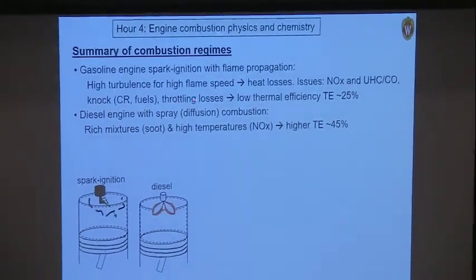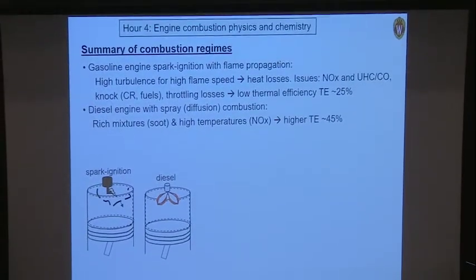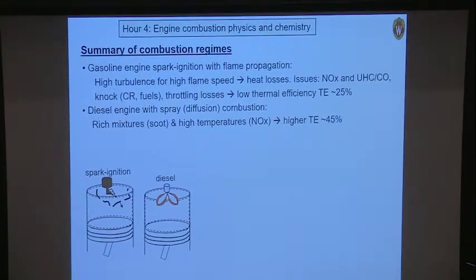These engines typically require throttling in order to control the combustion process. That means you're going to have pumping losses. And the end result is thermal efficiencies that are around 25%. Now, there are things you can do to increase this, but this is a typical number, a starting point, if you like, depending on the compression ratio.